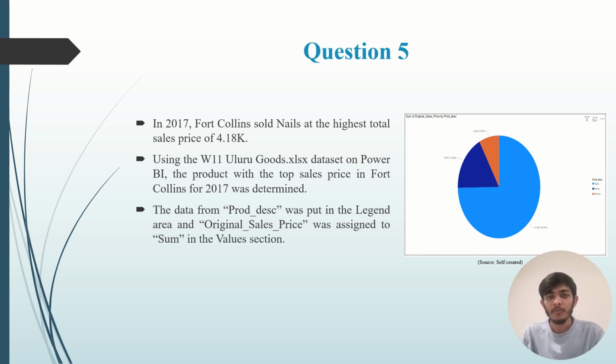Only transactions from the year 2017 that took place in Fort Collins were included using filters. Therefore, the chart contained only essential records. The table showed the share of the original sales price made by each product. Nails has the biggest share with an original sales price of 4.18K.